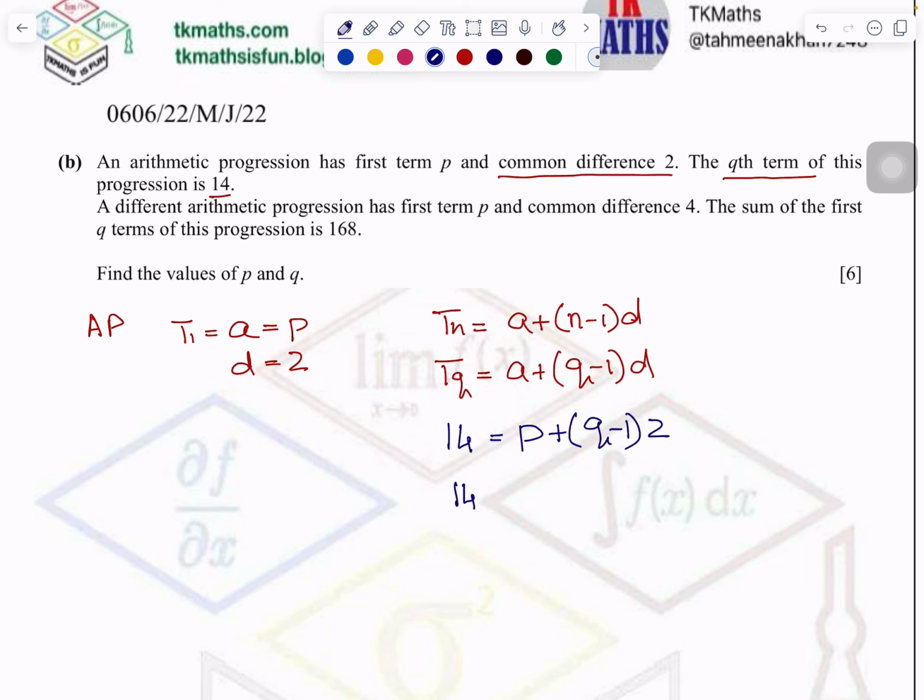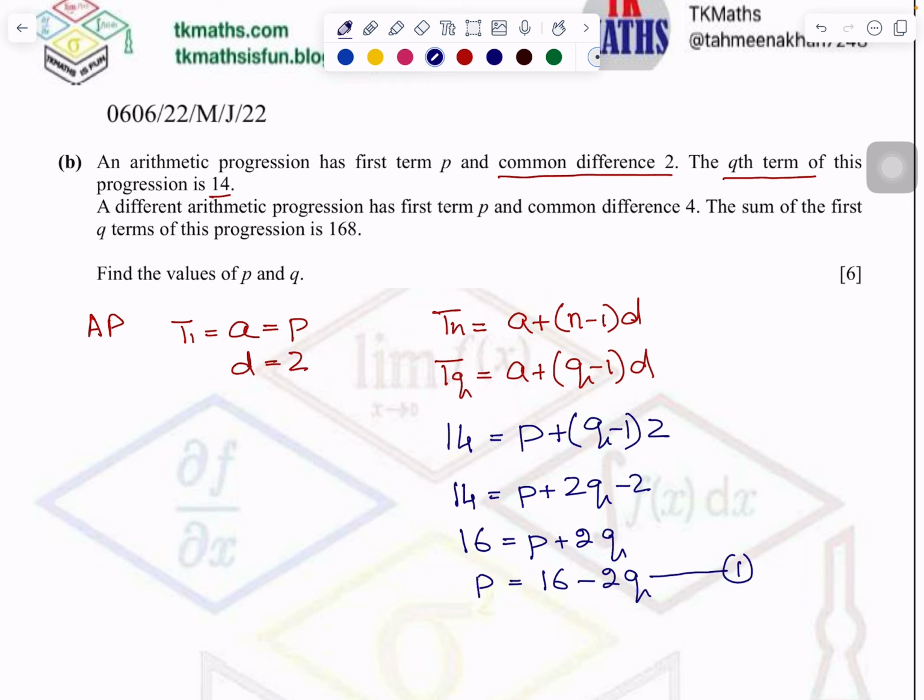It will become 14 equals p plus 2q minus 2, which is 16 equals p plus 2q, right? So this is my equation 1.